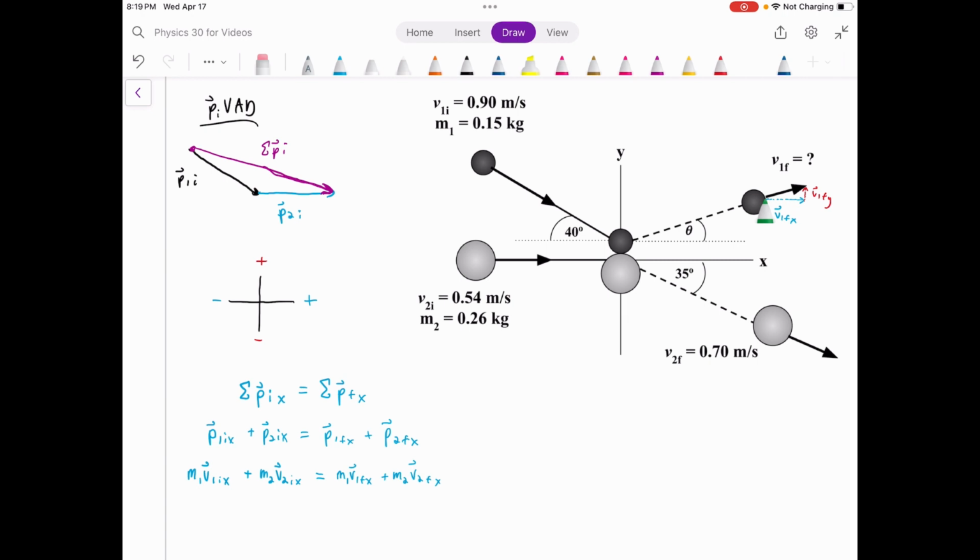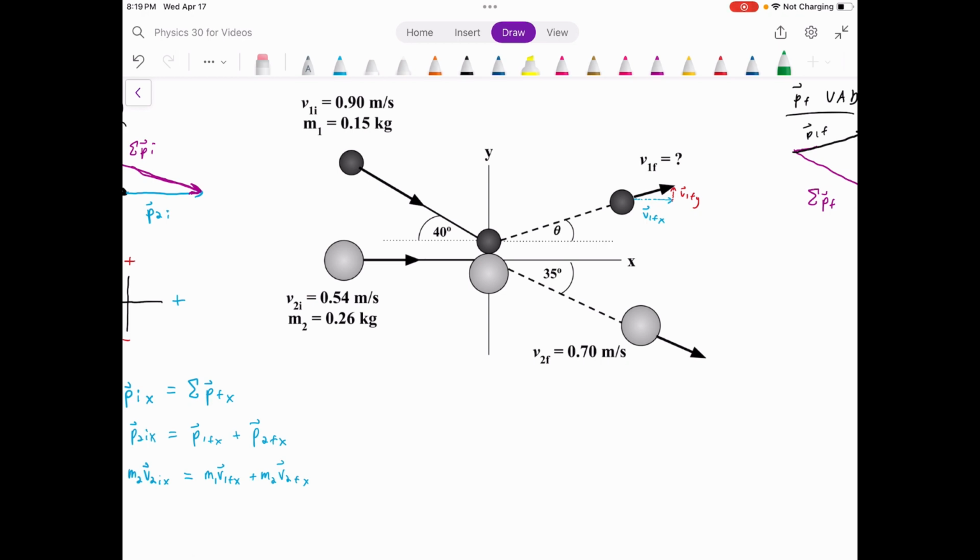And once we've got that, we can repeat in the y-axis, and that's the only thing we won't know in the y-axis for the conservation of momentum calculation. So we can find this x component, we can find this y component, and we'll have 2 sides of this velocity triangle, meaning we can just do the Pythagorean theorem to find the velocity itself.